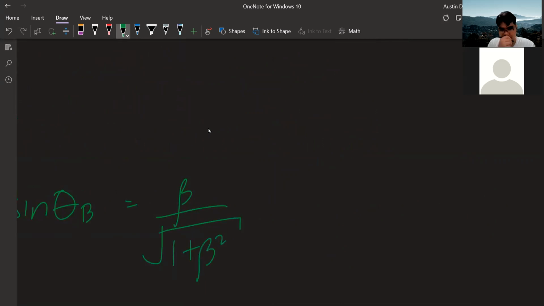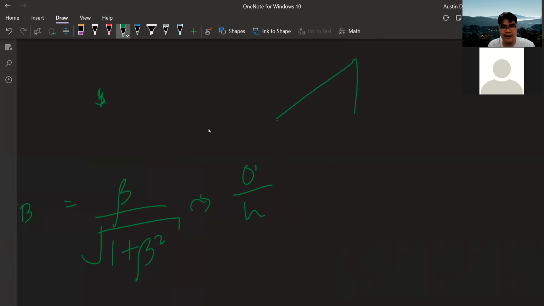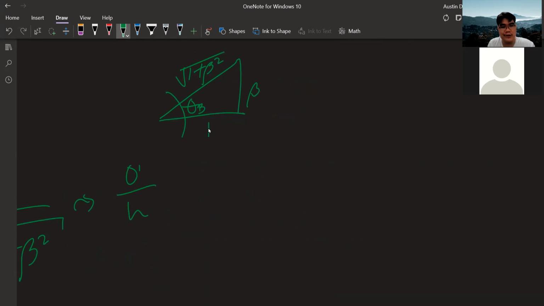Sine is opposite over hypotenuse. So, drawing tayo, kunwari meron tayong right triangle, meron kang angle theta b. Therefore, sine theta b, opposite over hypotenuse, tells us that this is beta, and the hypotenuse would be square root of 1 plus beta squared. Therefore, the missing side must be 1, para pag kinuha mo yung hypotenuse, makuha mo yung 1 plus beta squared.